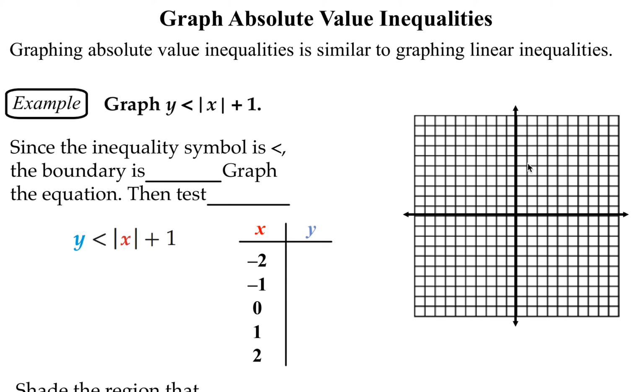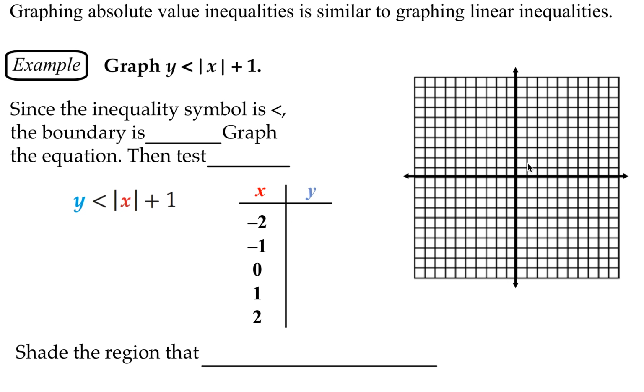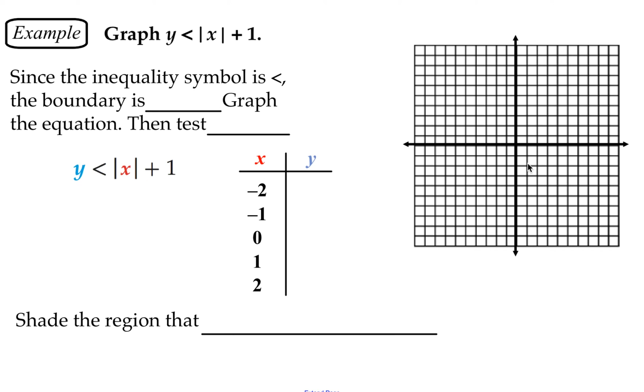So to graph an absolute value inequality, very similar to graphing just our regular linear inequalities, the one thing that you should be aware of is that all absolute value graphs are V's. They're V-shaped. So you just have to figure out where that vertex is and what way it opens, up or down and so on.